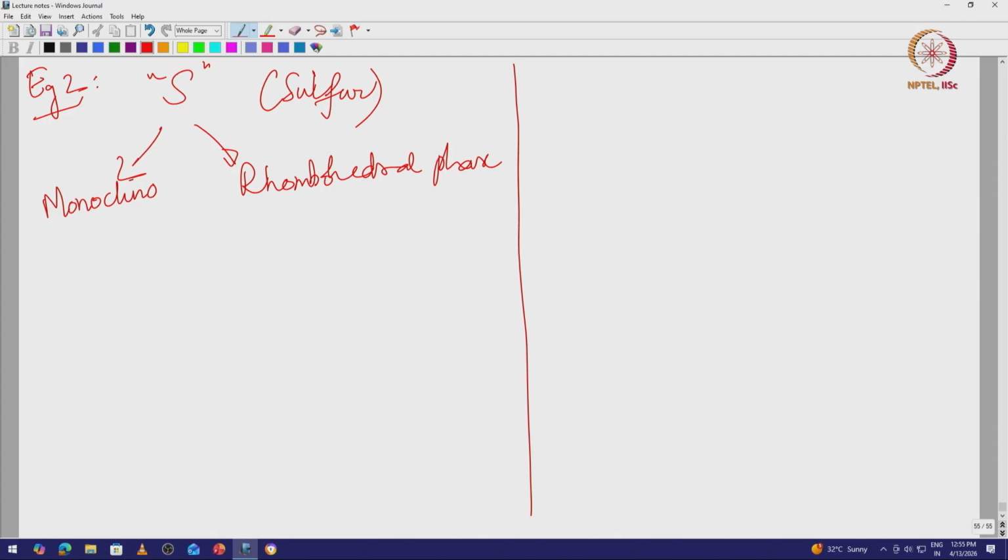Now, the monoclinic phase is stable at temperature less than 369 Kelvin. The rhombohedral phase is stable at temperature greater than 369 Kelvin, which means at 369 Kelvin there is a phase transition.